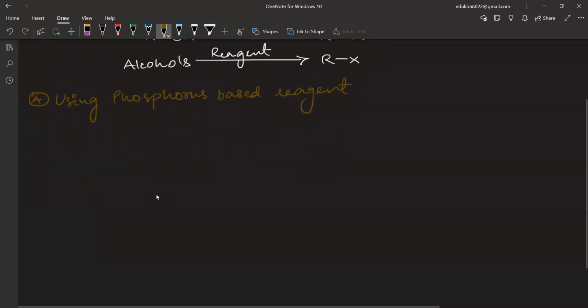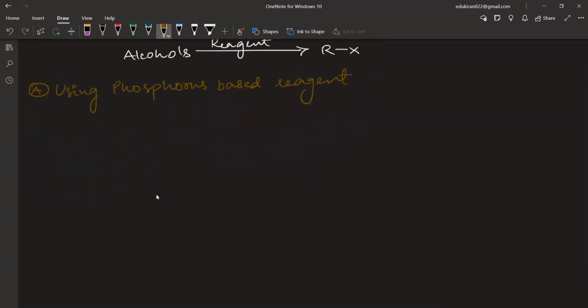Using phosphorus-based reagent. Now, for this first method of preparation, I will write the reactant, that is ROH. We have alcohol as the reactant.